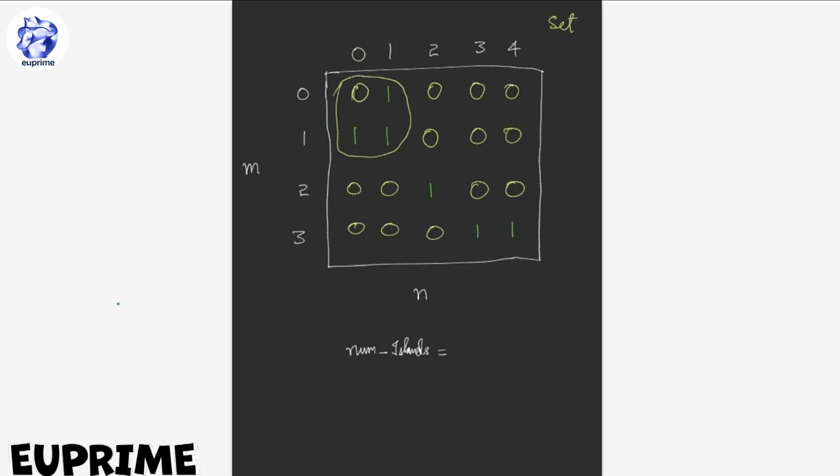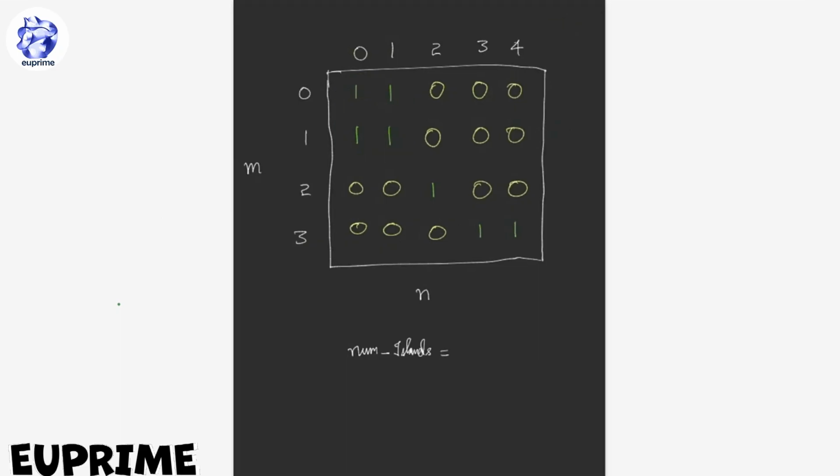We encounter this, this is one, you turn that into zero. You encounter this, you turn that into zero. You encounter this, you turn that into zero. So basically, every time you encounter an island, you turn it into a zero, so that you don't get stuck in an infinite loop going back and forth between the same ones.